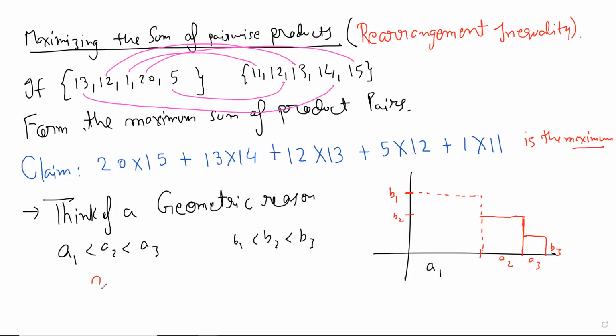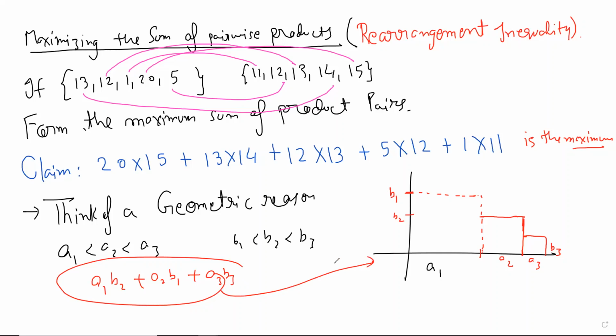Okay. So try it. Like I'm saying, if you take a1 with b2 and a2 with b1 and a3 with b3, give an explanation as to why this will be smaller, by showing that the figure you get here, again, you can plot it, can be made to fit inside this bigger one, maybe by some slicing or reflecting if needed.